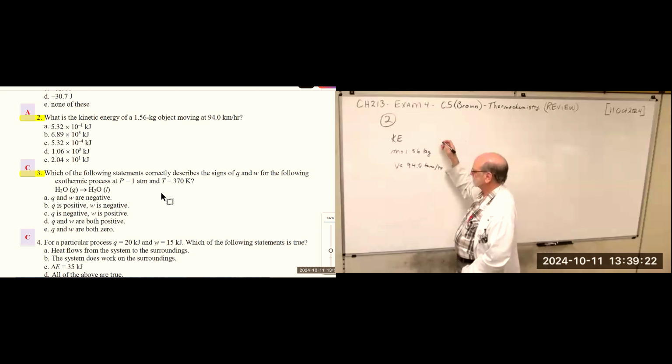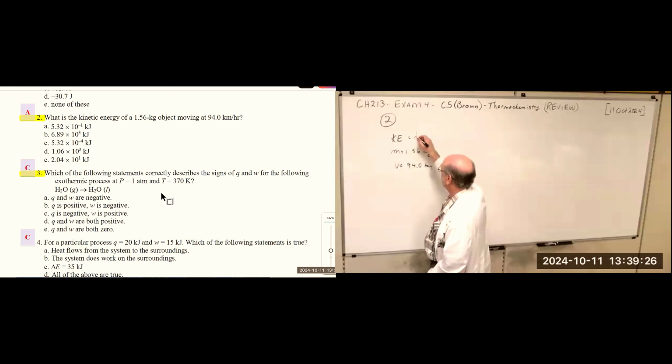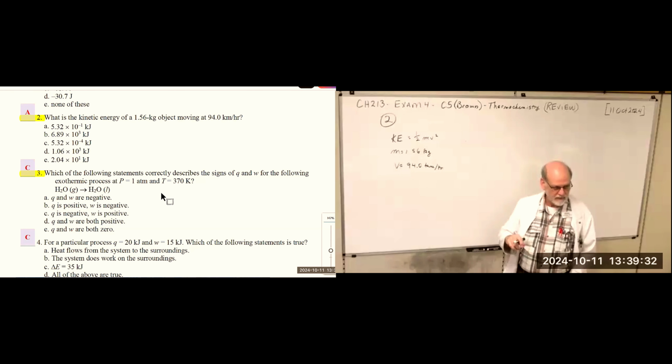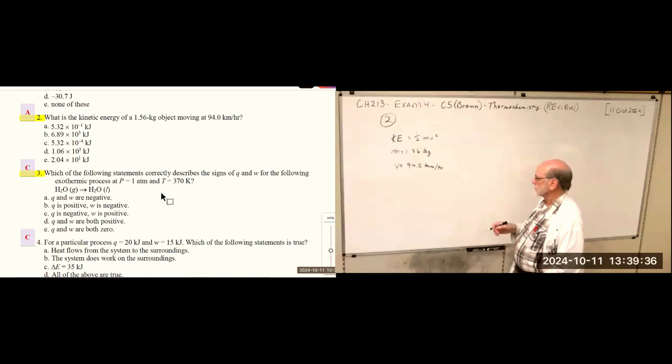So what's the formula? Remember? 1/2 mv squared. That should be in your useful information on the last pages of the review document.